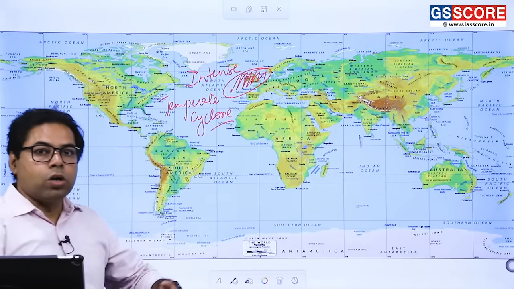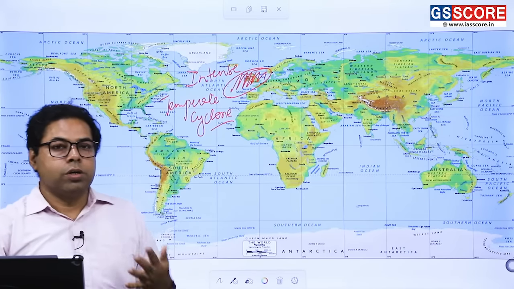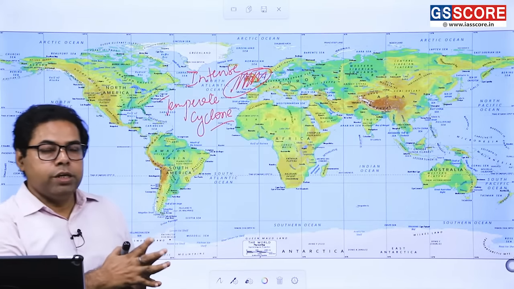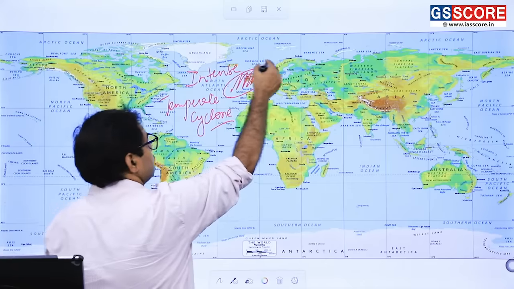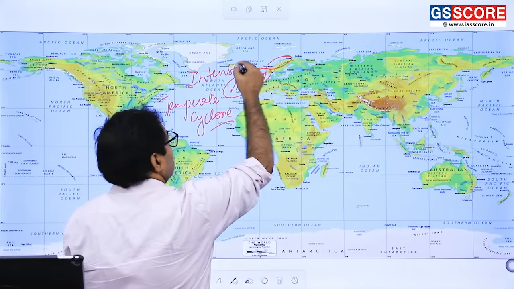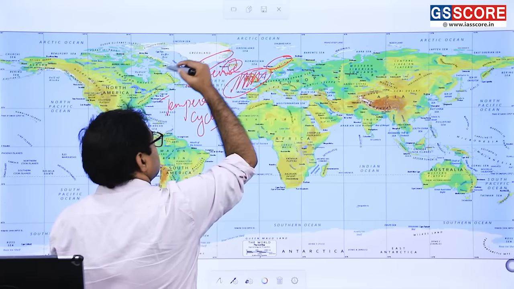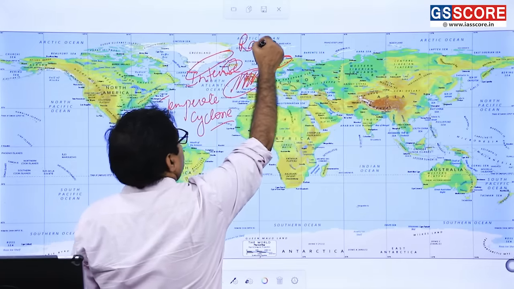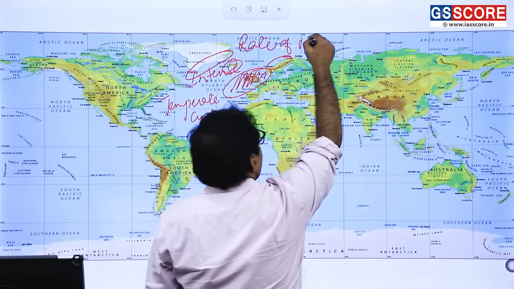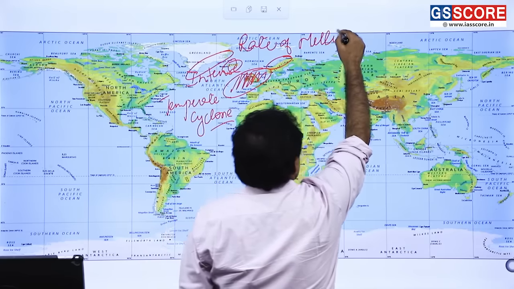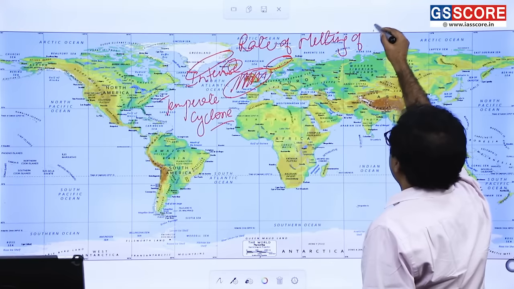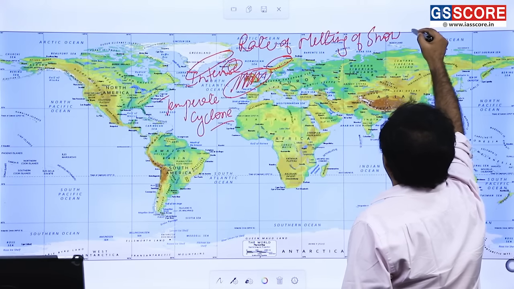And when the sea water becomes warmer because of marine heat wave, in Norway, Iceland and Greenland, the rate of melting of snow shall increase.